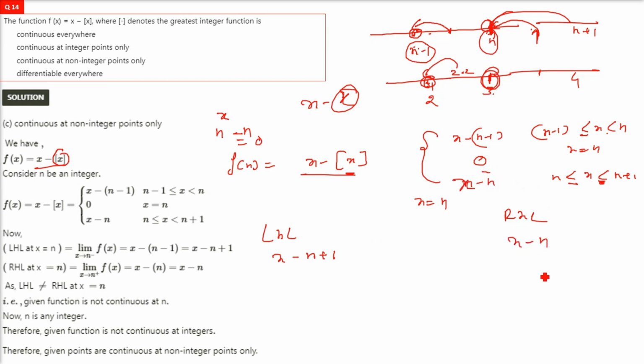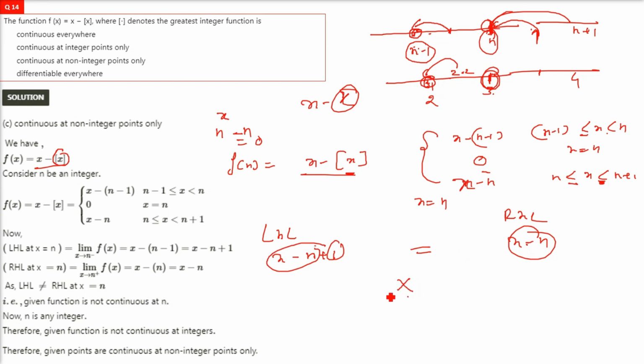You are checking at n. If you apply the limit x tends to n, on the left you will get n minus n plus 1, that is 1. On the right you will get n minus n, that is 0. So LHL is giving you 1, RHL is giving you 0, that is not equal. So this function is not continuous.